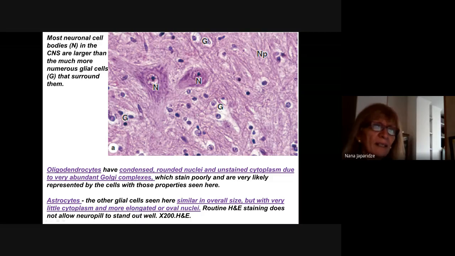And this whole space is called neuropil. So what is neuropil? Do you remember? Neuropil is the extracellular matrix of nerve tissue, which is mainly constituted by neuronal processes, I mean axons, dendrites, and plus they also contain the processes of glial cells.